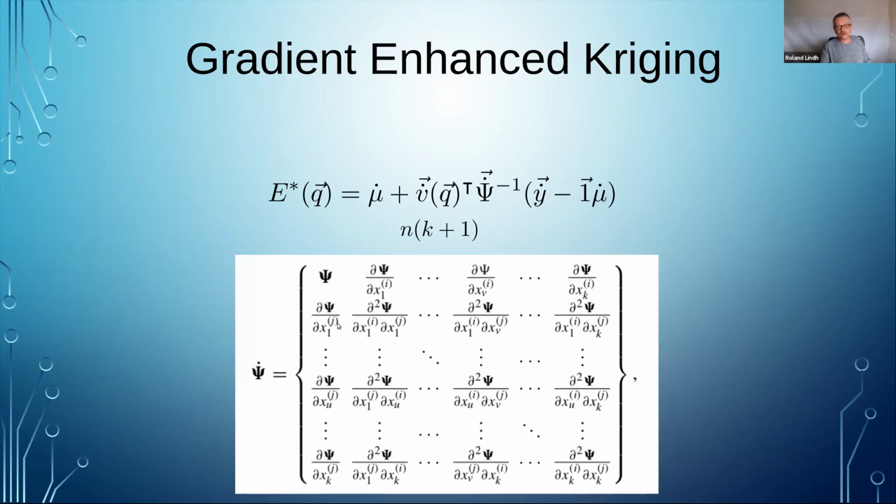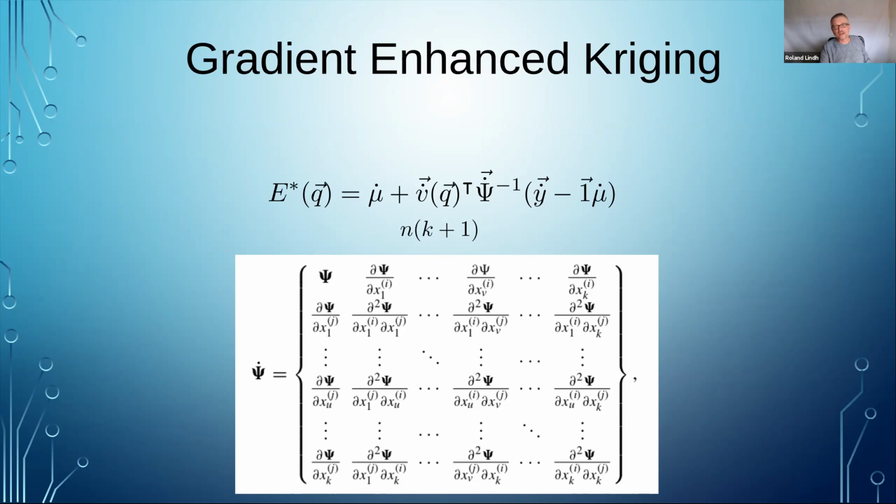As you proceed, though, with the gradient enhanced Kriging, this matrix that we have to invert here depends not only on the values, but also on derivatives and second derivatives. Eventually, if you have a large number of parameters, and we like to use the gradients too in our case. So we take the Kriging methods and we put in the gradient values too, and make sure that we do not only interpolate correctly the energies of the surface, but also the slope at the data points we have.